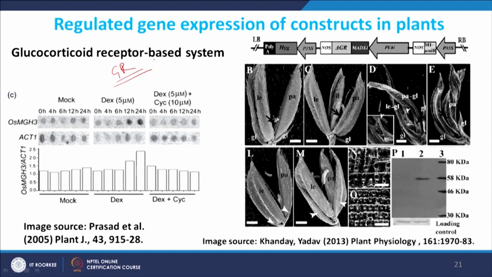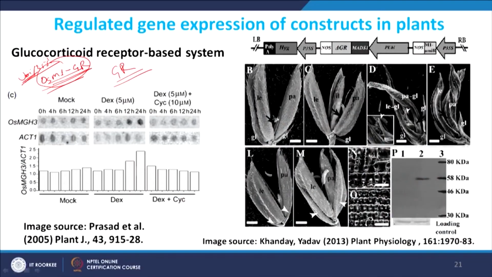So, if I take a gene, here is the example of MATS1. If I take the MATS1 gene and fuse it with delta GR and overexpress it under any broad promoter, it does not matter here, 35S promoter, then what will happen? Under normal condition, I have a high level of MATS1 expressed, the protein is already made, the MATS1 delta GR fusion protein is already made, it is ready, but it is only present in the cytoplasm.